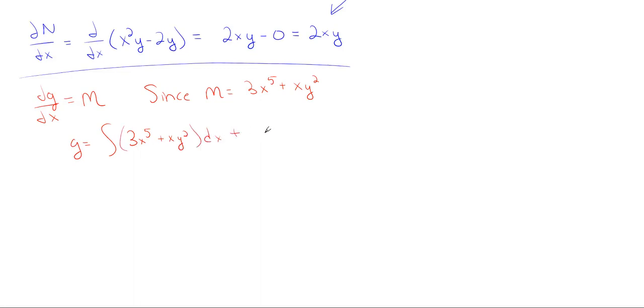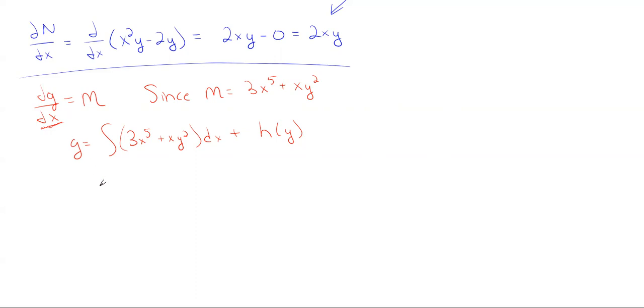And since g is its own equation, we would have some type of constant function of y here, which I'm just going to write h of y. Technically, this is considered a constant, but since we are taking the partial derivative with respect to x, this constant may be an entire function of the y variable. So we have to include it in here.